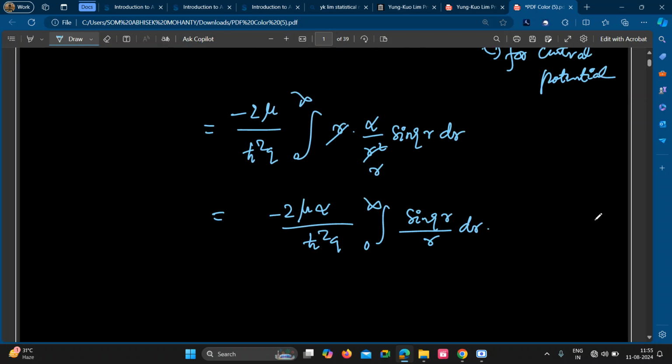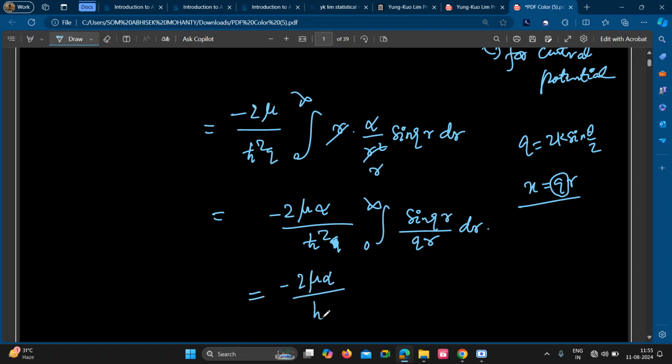Here x is taken as qr. What is q? q is 2k sine theta by 2, and x is actually qr. So in place of qr I can put x.